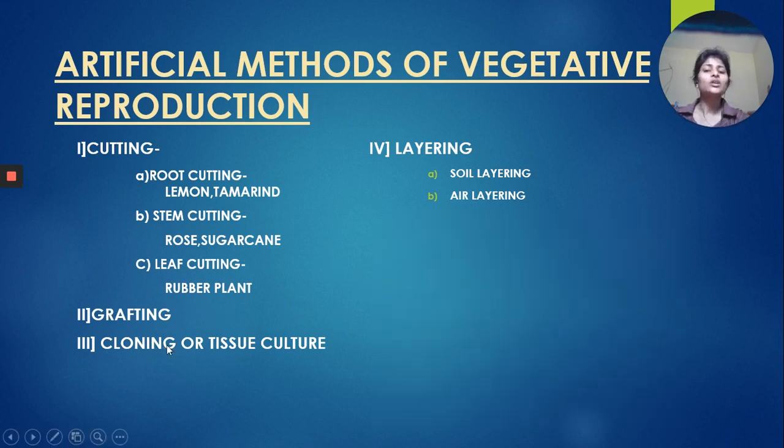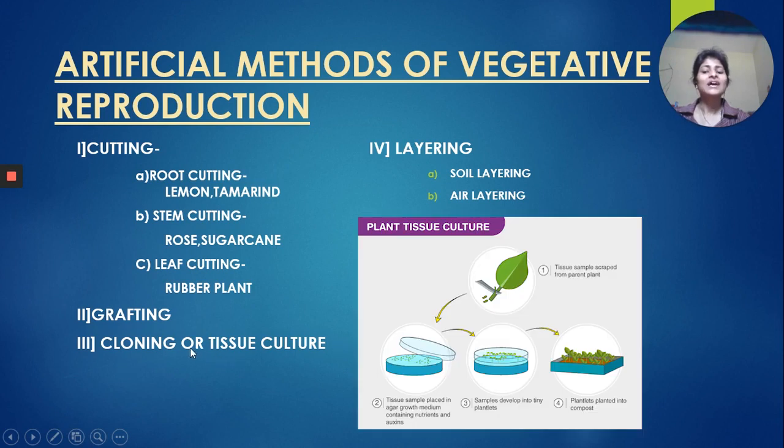Next one is cloning or tissue culture. Cloning, as we have discussed in the previous lectures also, means all the clones are morphologically and genetically similar to the parent plant. That is why it is called cloning. So how are clones developed? These clones are developed with the help of a very advanced technique of biotechnology, which is called tissue culture. Why is it called tissue culture?